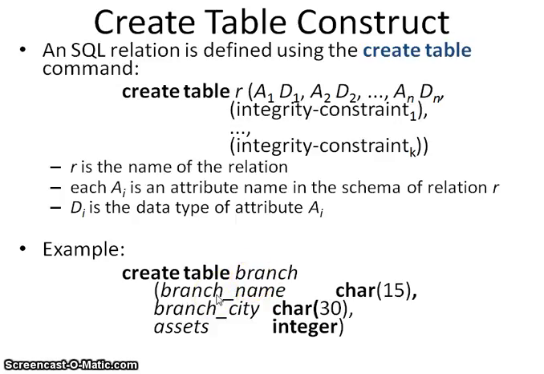Name of the attribute is branch_name, whose data type is character type, that takes exactly 15 characters. Then we have another attribute, branch_city, which is also a character type, taking a size of 30 characters. And we have another attribute, assets, which is going to hold integer data, so a suitable data type for that is integer.